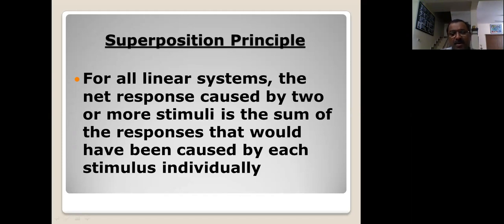So there is no complexity there. All complex systems can be disassembled into the simplest systems, and these simple things can create complexity.